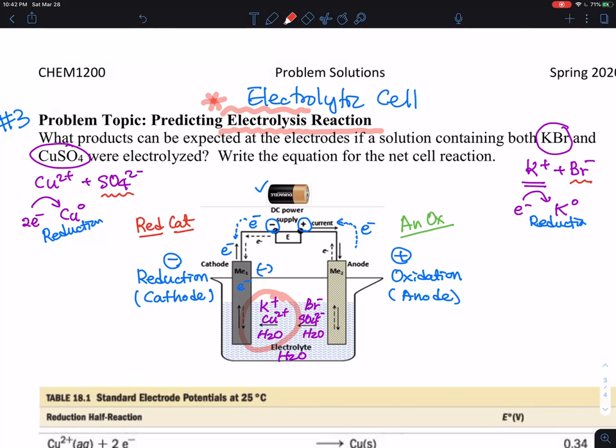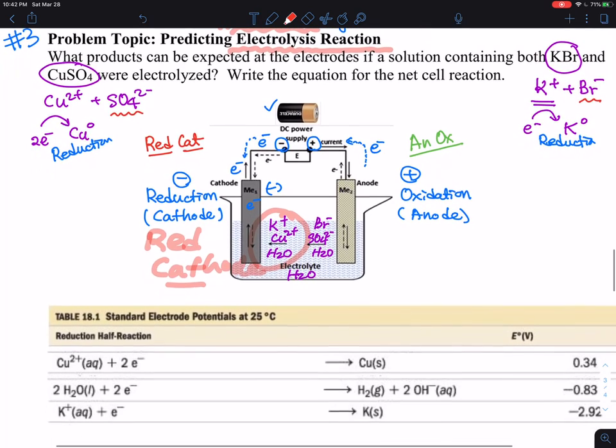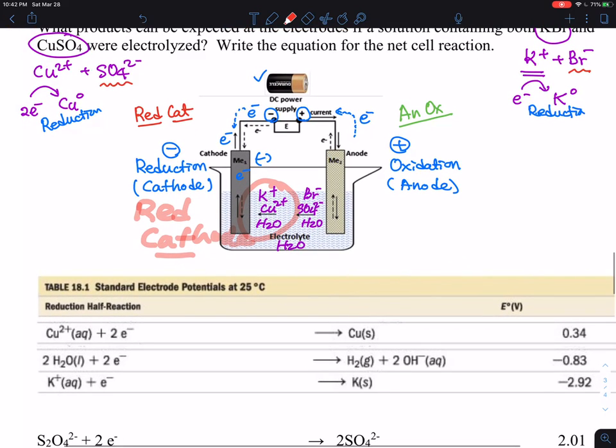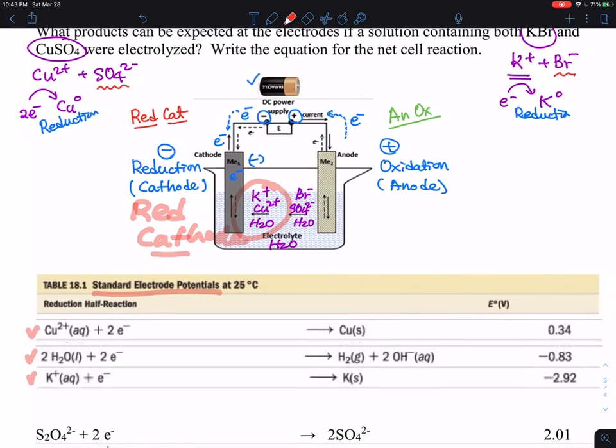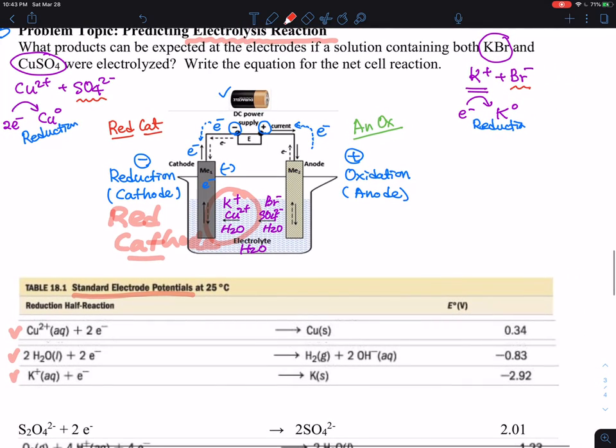That's what's happening in the red cat, right? The cathode reaction. Then you need to go to the standard electrode potentials and find out the reduction of copper, reduction of potassium, and reduction of water. This is a good way to see which one will be your favorite.